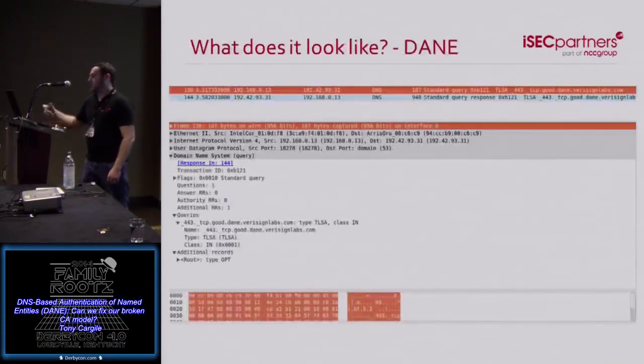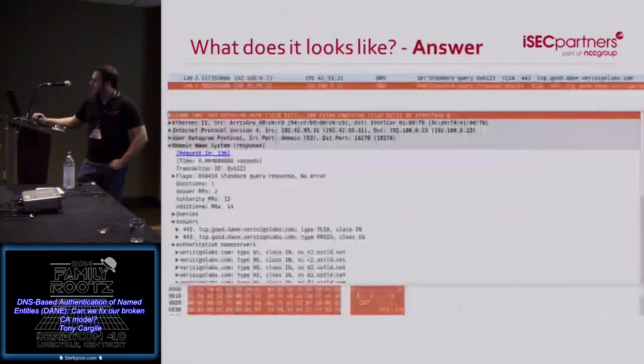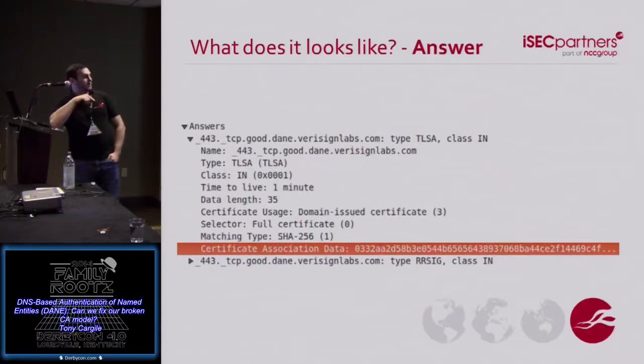So what does this actually look like? Again, this might be a little small, so I'll just jump right to the query. Like I said, if a browser wanted to go to https://google.dane.verisignlabs.com, it would simply send a request to _403._TCP, that domain, with a type of TLSA, and then what it gets back is the record type.